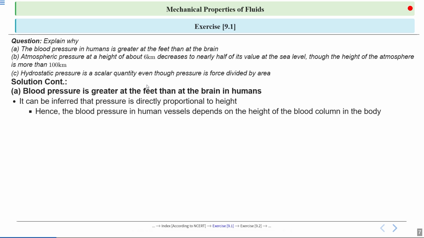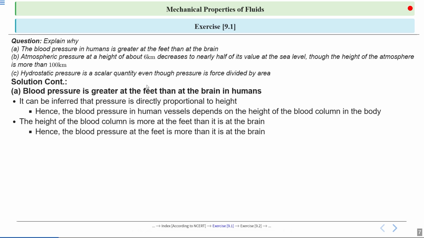This is just like how water pressure is higher at the bottom of a swimming pool than at the top. The height of the blood column is more at the feet than it is at the brain. This means the pressure from the weight of the blood is higher at the feet. Hence, the blood pressure at the feet is more than at the brain.